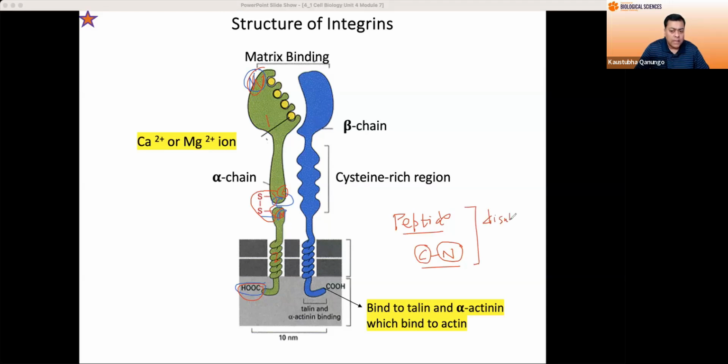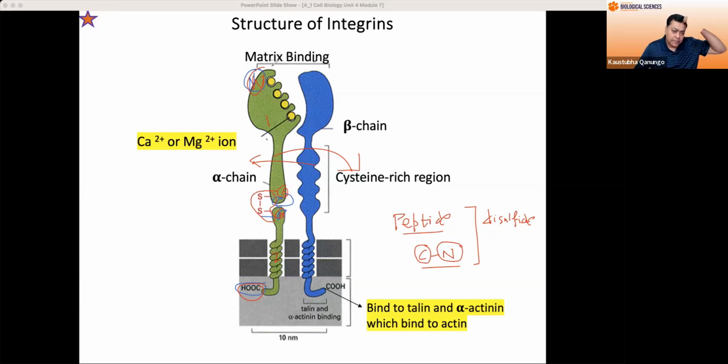So that's why they are not connected together as such. This gives a little bit of flexibility and allows this area to work as a hinge, and this alpha chain can actually bend considerably, which wouldn't be possible if there were a peptide bond.